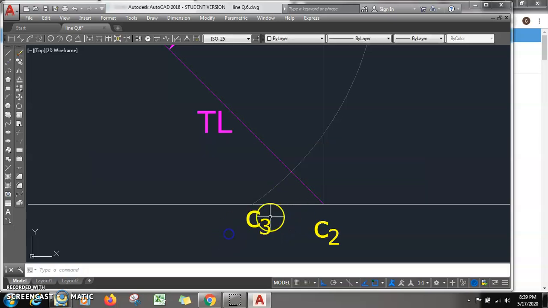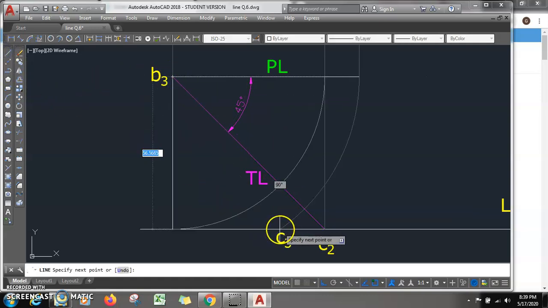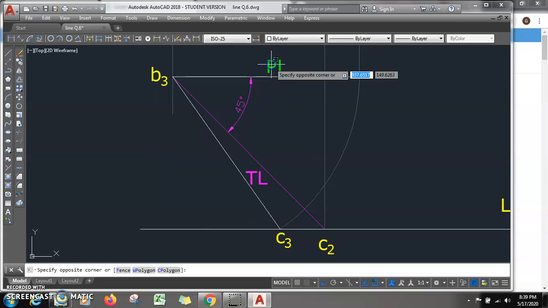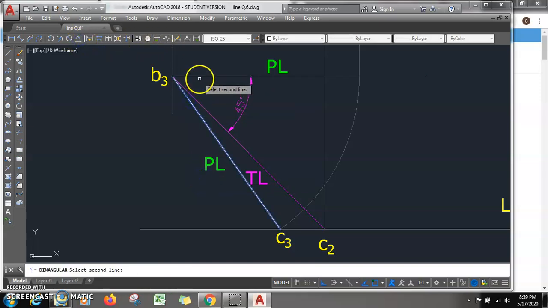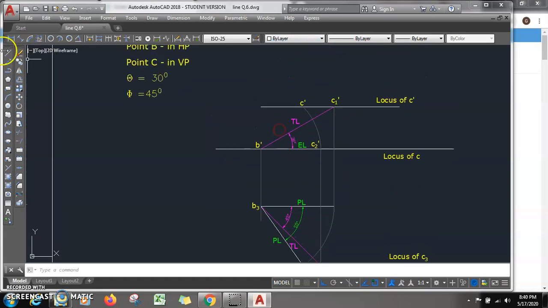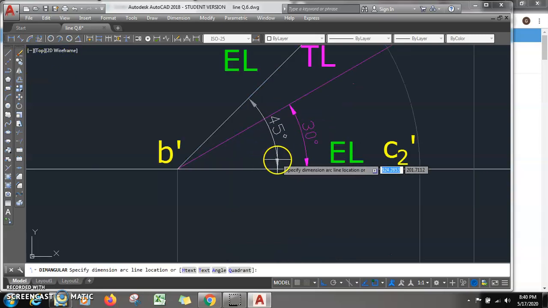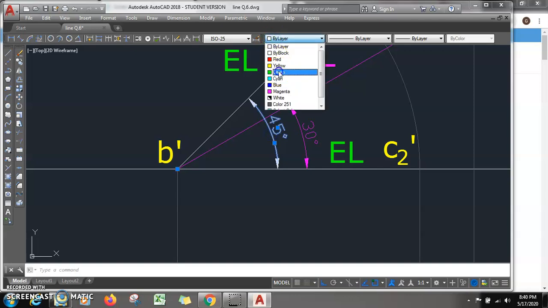You can see this is C3, and this length you get is the plan length, and this angle is called beta. Similarly, this length is the elevation length, and this angle is called alpha.